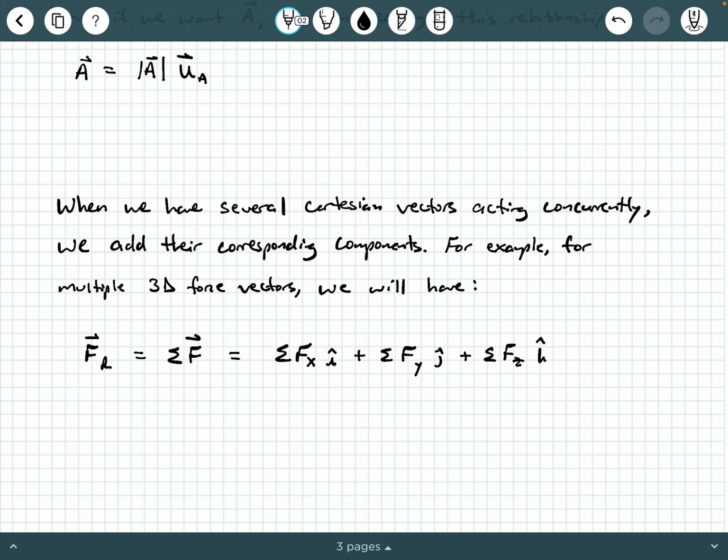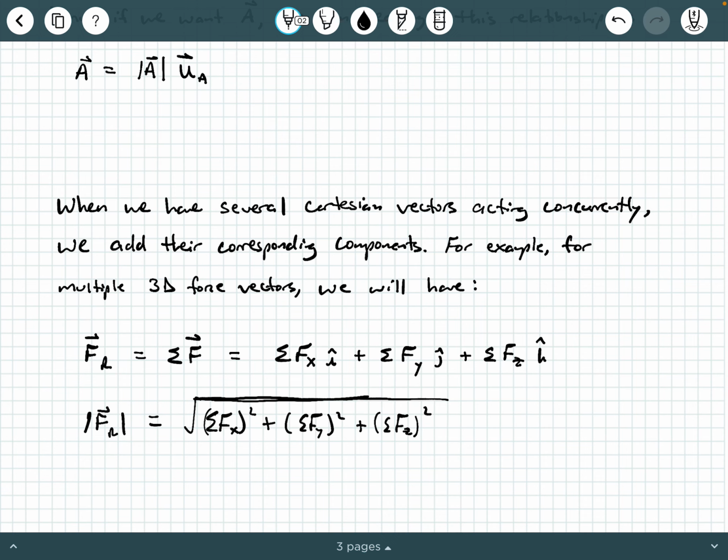And then, of course, if you want the magnitude of a resultant force, that's just the Pythagorean theorem, but with these 3 components. So it would be sum of the forces in the x direction squared plus sum of the forces in the y direction squared plus sum of the forces in the z direction squared, and make sure that square root is over all of that.